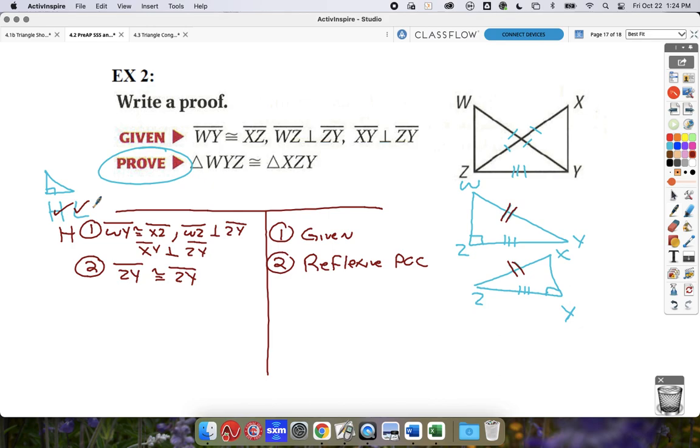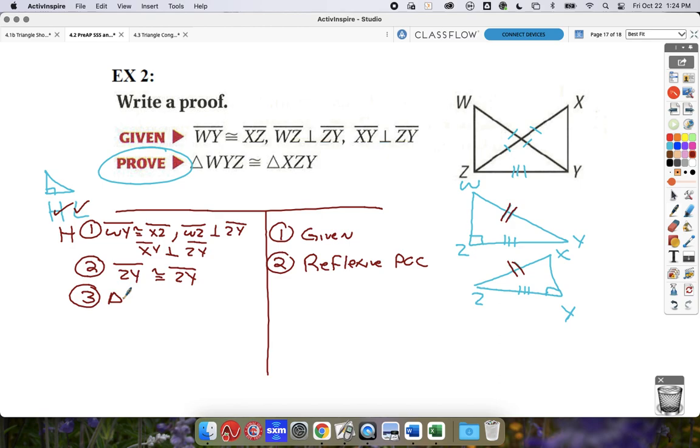Angle Z is congruent to angle. No, you have to put angle WZY. No, listen, I have to put a statement that says they're right triangles. But didn't they say WZ is perpendicular to ZY? Because the perpendicular part is given.